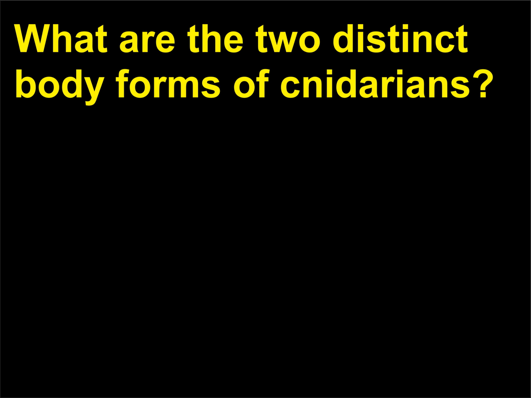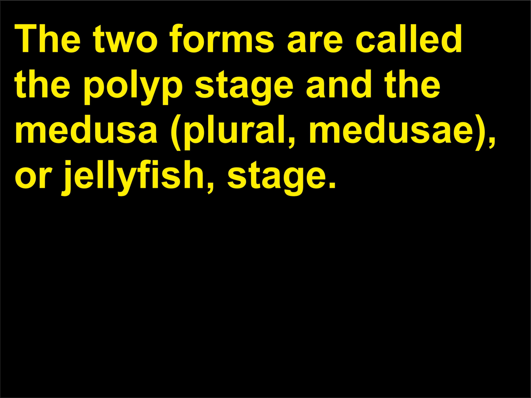What are the two distinct body forms of cnidarians? The two forms are called the polyp stage and the medusa, plural medusae, or jellyfish, stage.